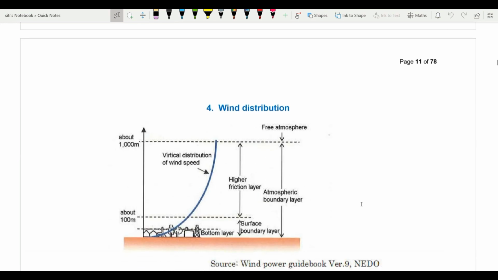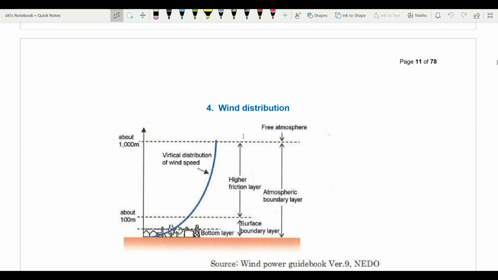So this figure shows the wind distribution. Below 100 meters is the surface boundary layer, the bottom layer here. This is the atmospheric boundary layer, which is between 0 to 1000 meters. Above 1000 meters we call the free atmosphere.